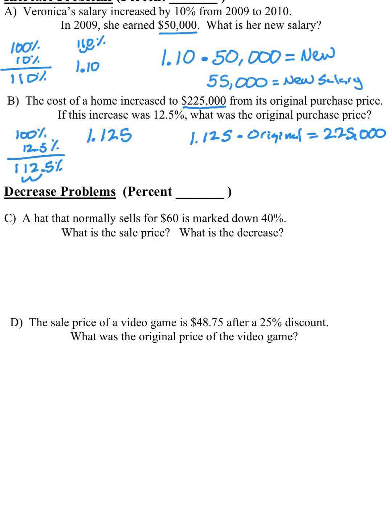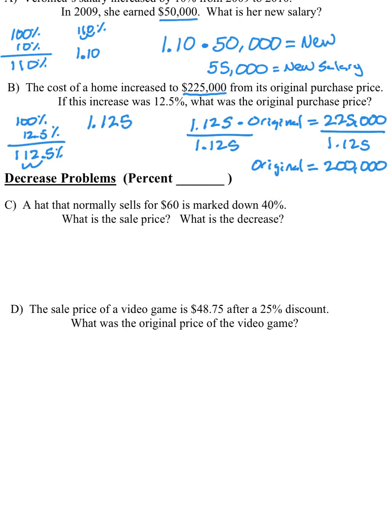So now what we're going to do is divide both sides by 1.125, and we get that the original price, and you could take a calculator and do 225,000 divided by 1.125, comes out to be $200,000, and that was the original price of the home.